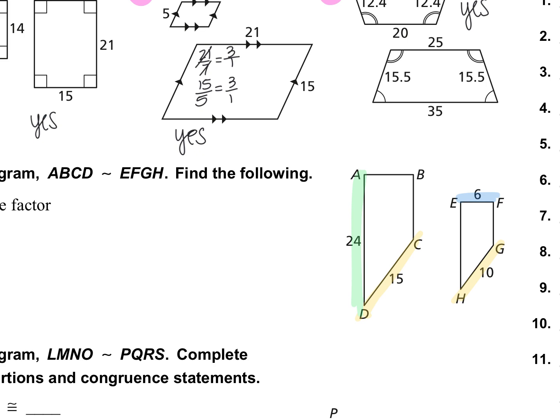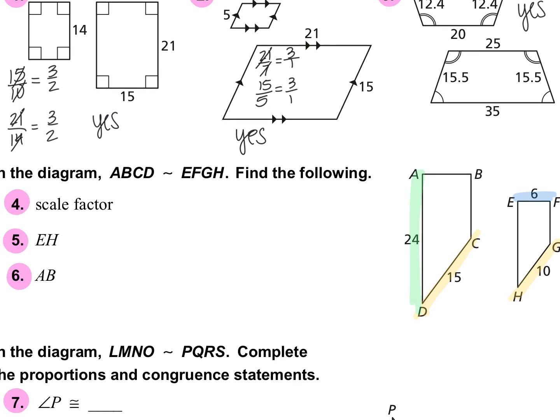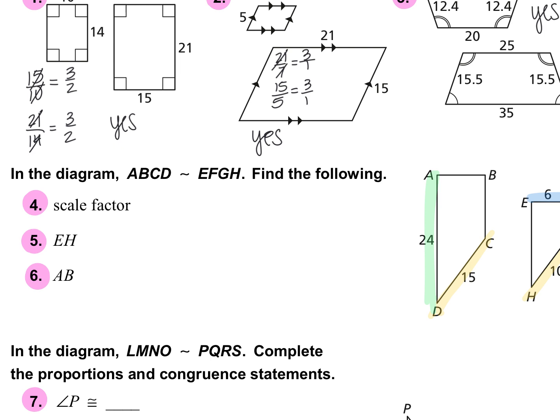Corresponding sides, I'm given 15 and 10. So I have to use 15 over 10, and this simplifies to what? 3 over 2, or 2 over 3, that's fine. So I'm going to use this as my scale factor now. I have 3 over 2 and 3 over 2.